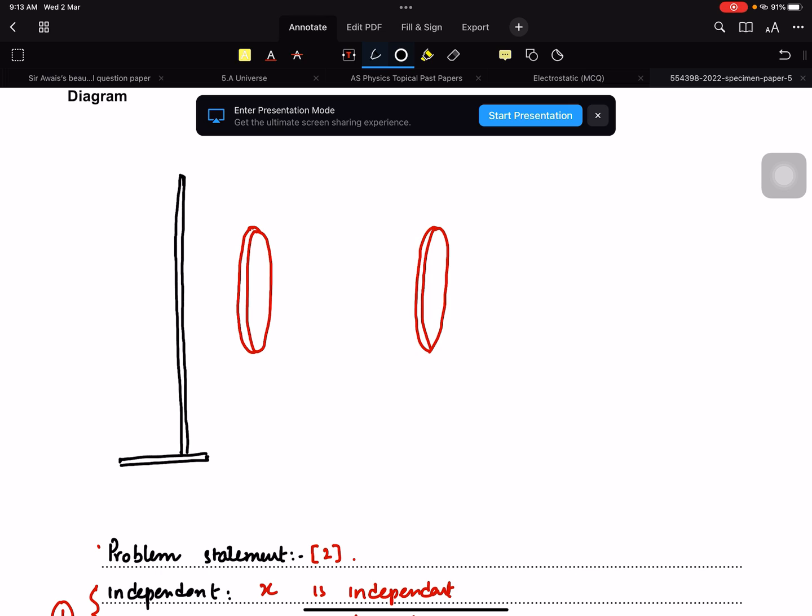You don't need to be an artist to do it. Just take your time in here and make sure you draw a completely neat drawing. Okay, so you've got the stands, and now I would suggest that you have a boss here, and with the clamp you have clamped it. Same here, a boss here, and with the clamp you have clamped it. So both coils.